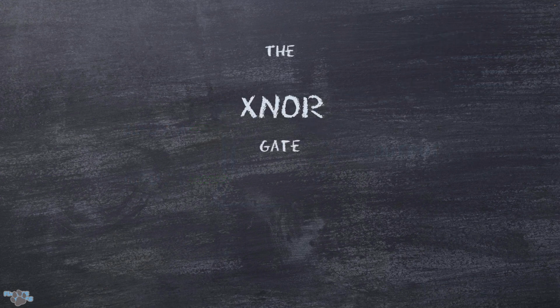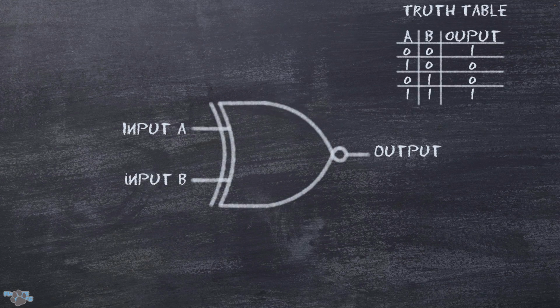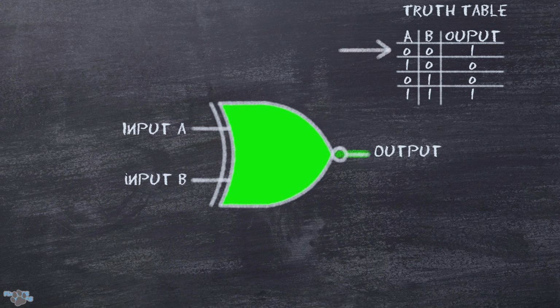Now let's look at the XNOR gate or the ENOR gate. This is the exclusive NOT OR gate, and it is almost identical to the NOR gate. Looking at the truth table, when we have both inputs A and B in the off state, or 0, we have an output of 1.